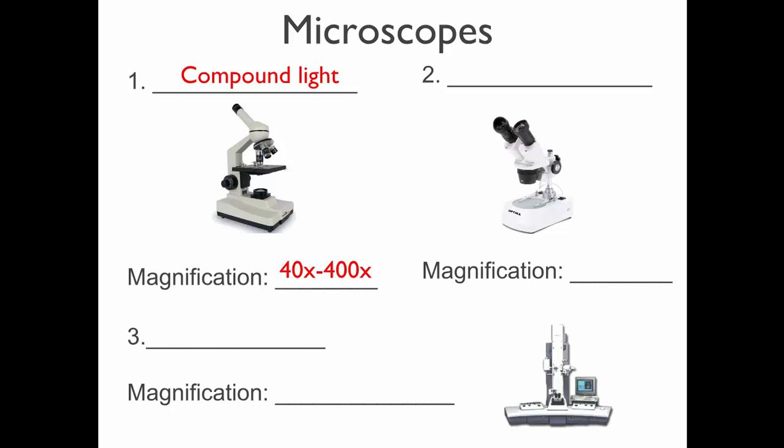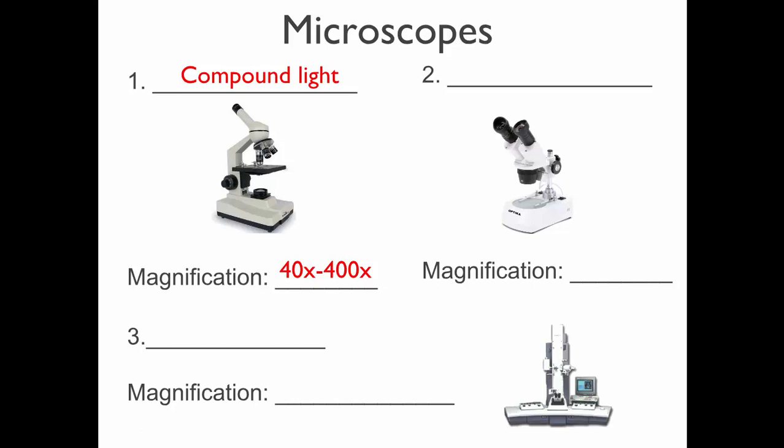When you talk about magnification of a microscope, you're basically saying how many times larger does the object appear versus its actual size. So if you're using 400x magnification, it means what you see in the eyepiece looks 400 times bigger than the object actually is.